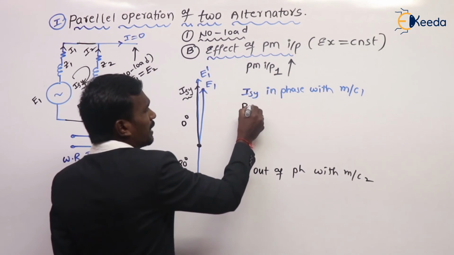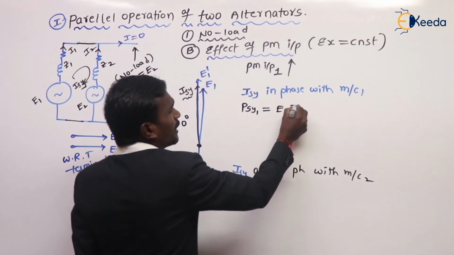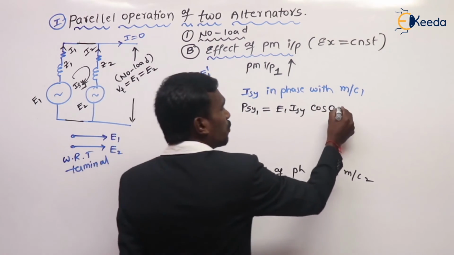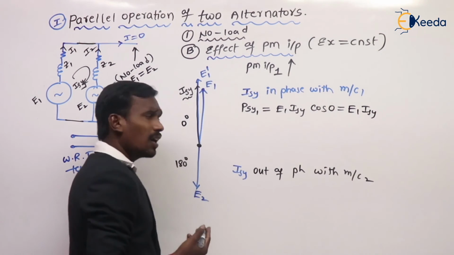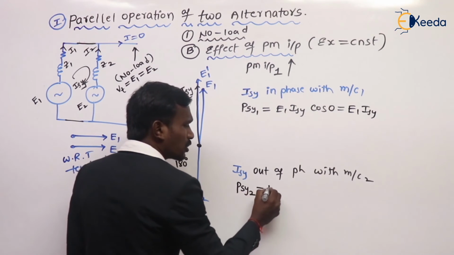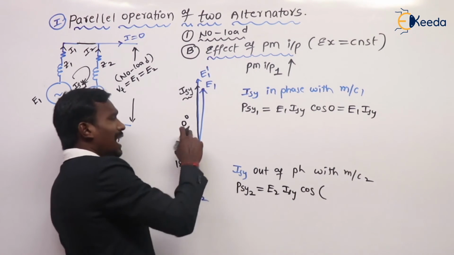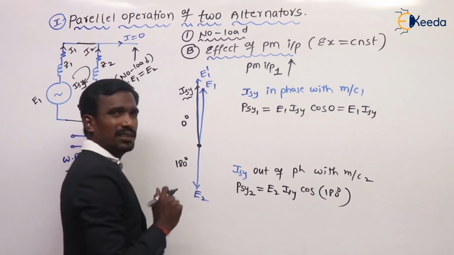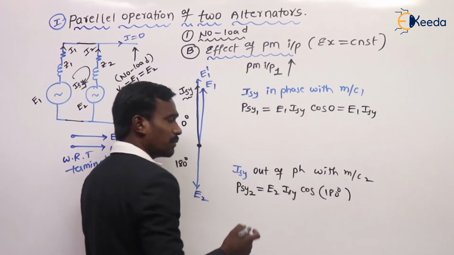Let's calculate PSY1. Here PSY1 is equal to E1 ISY cos 0. Cos 0 is 1, so this is E1 ISY. Calculate the synchronizing active power for machine 2: E2 ISY cos of, what is the angle between these two? Nearly 180 degrees. Cos 180 is nothing but -1.